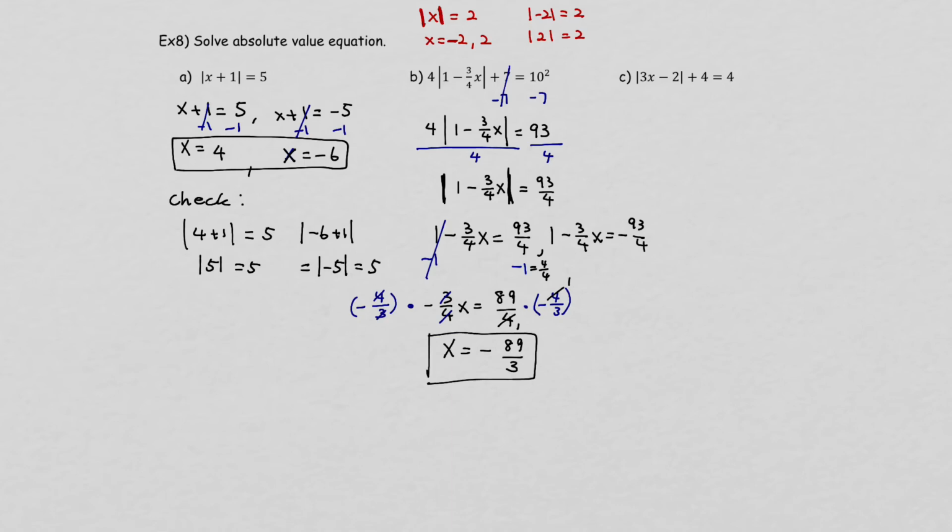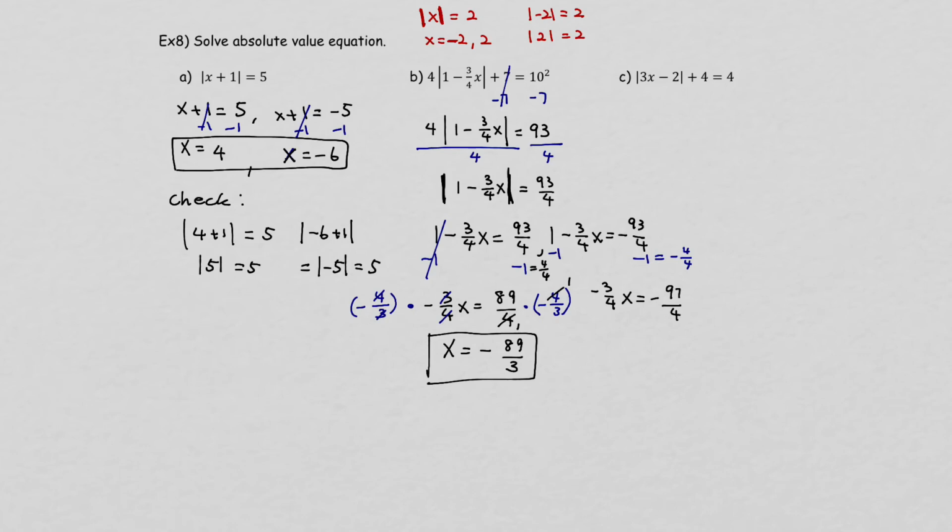Second part, we do subtracting 1 first. We know subtracting 1 is subtracting 4 over 4, right? So you get negative 3 over 4x equals negative 93 minus 4, so it will be negative 97 over 4.